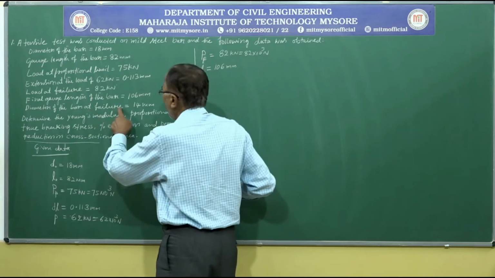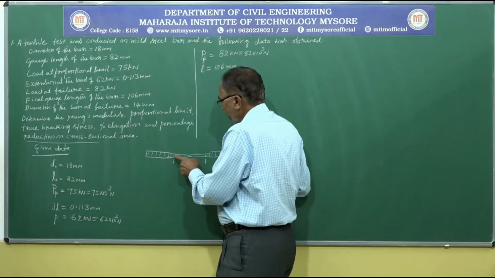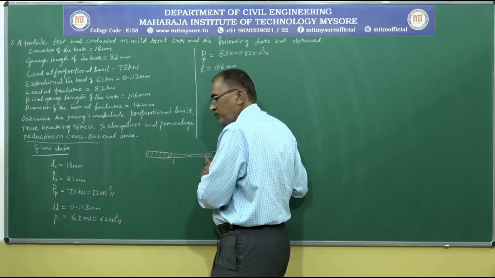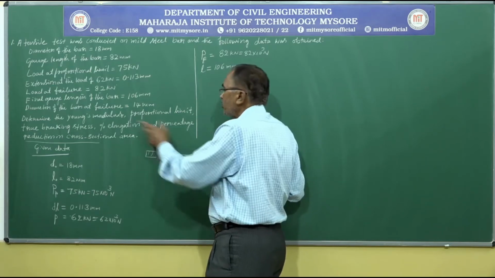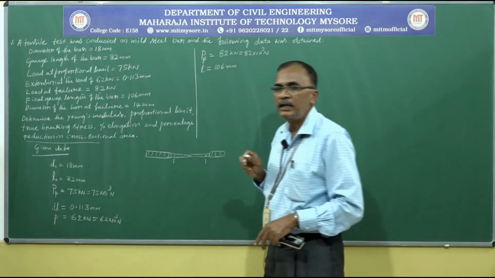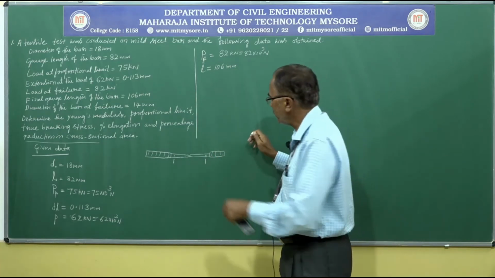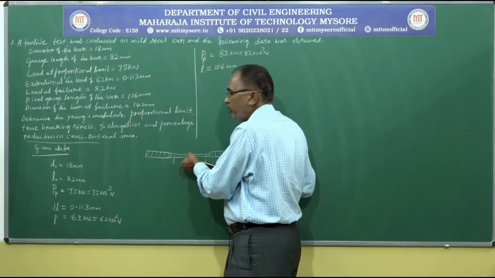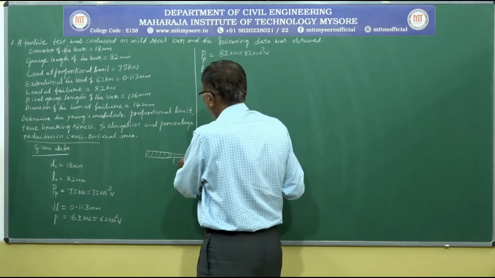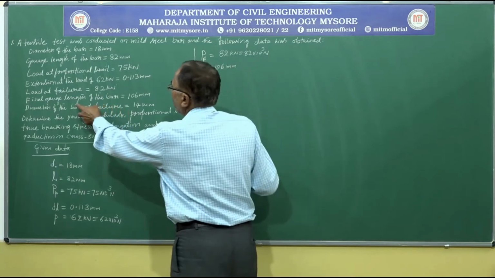Diameter of the bar at failure. When we measure the final gauge length by joining the pieces, the change in length measured during the test will be the same, 106 millimeter. Similarly, diameter can be measured at the neck portion, that is at the time of failure.